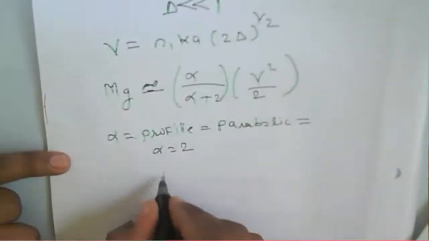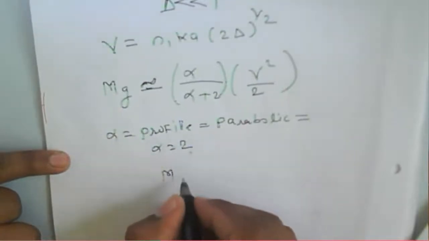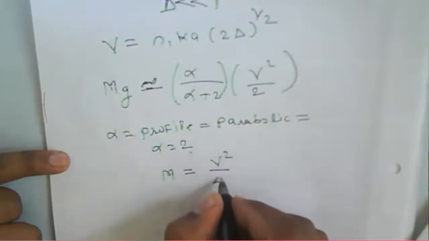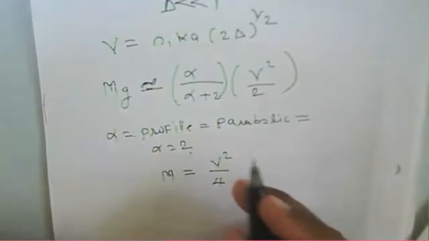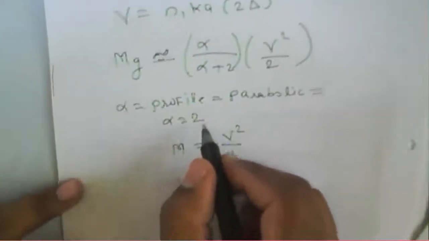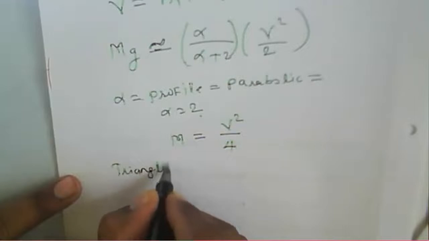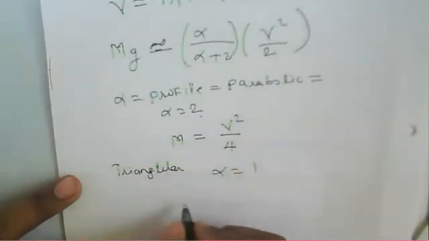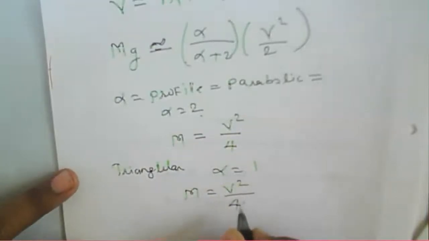So in the case of alpha equal to 2, M will be what? V square by 4 here. But if you consider that it is a triangular one, then alpha is equal to 1.